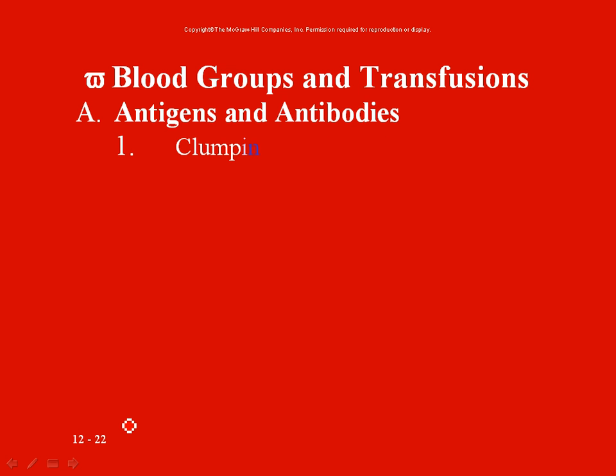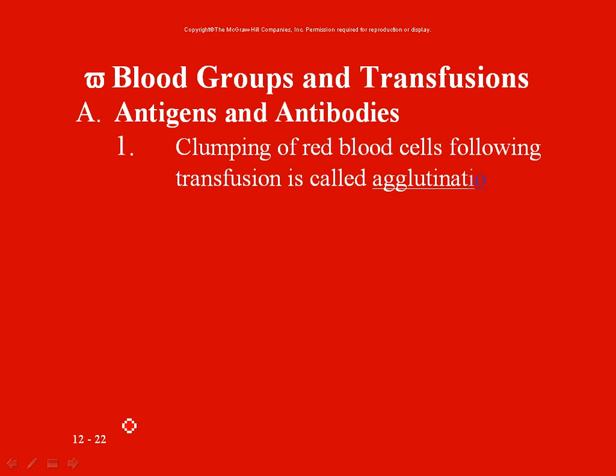And so what happens here is if you get a transfusion, if you get the wrong blood type put into you, those are basically foreign cells. And if your body has foreign cells inside of it, like bacteria or like foreign blood cells, your bodily defenses, like your white blood cells, etc., and your antibodies will try to get rid of it. Okay?